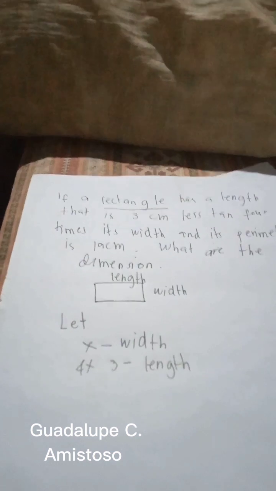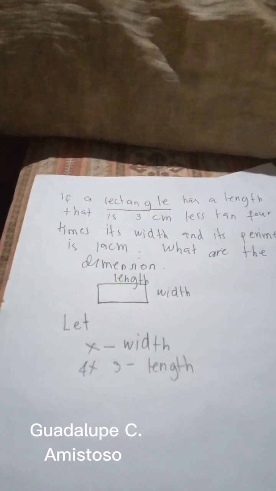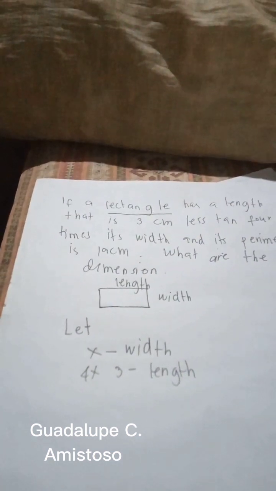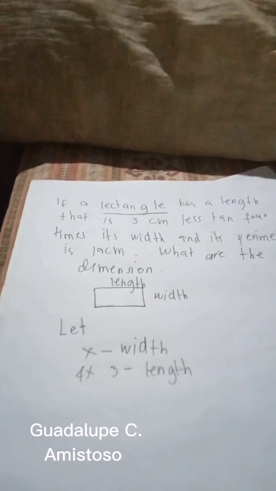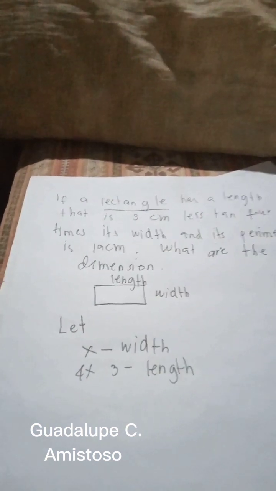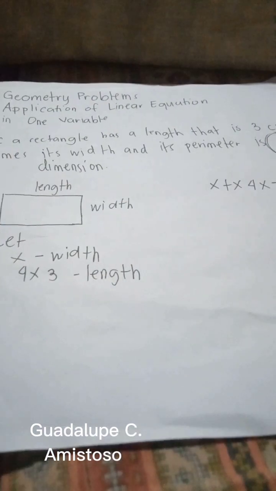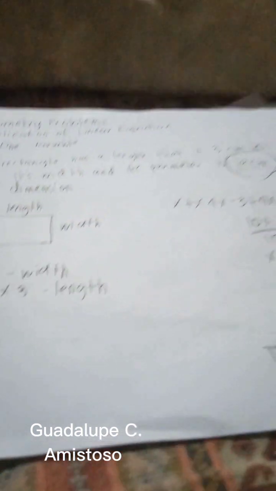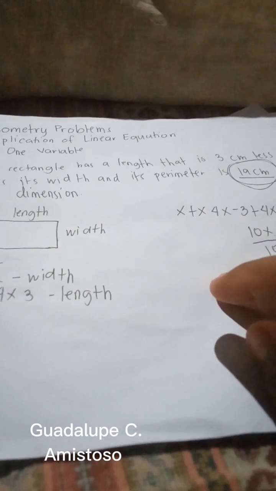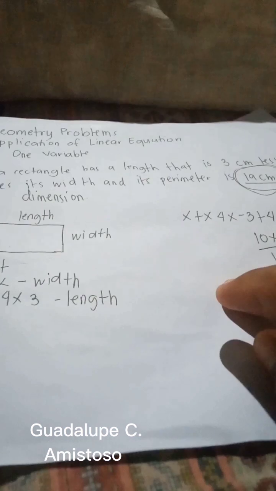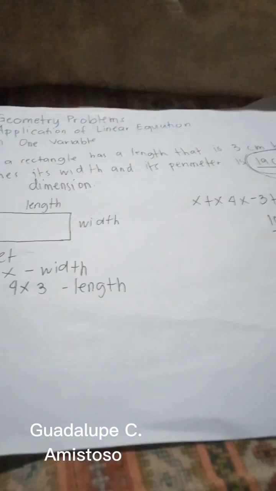The perimeter of a rectangle is equal to twice the length plus twice the width. That is the sum of all the sides of the rectangle.